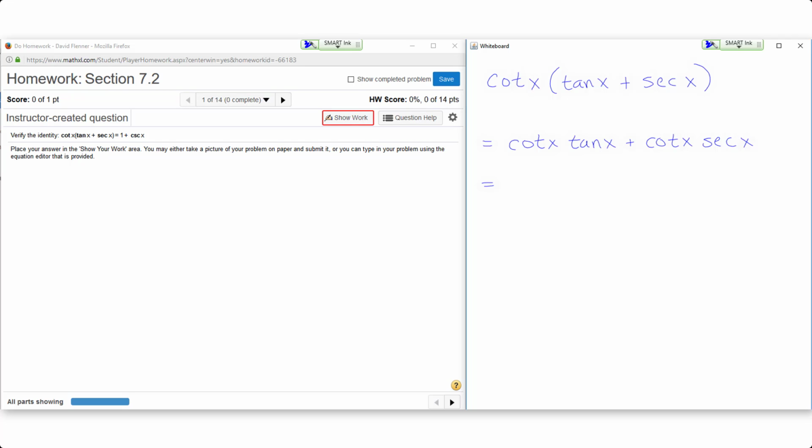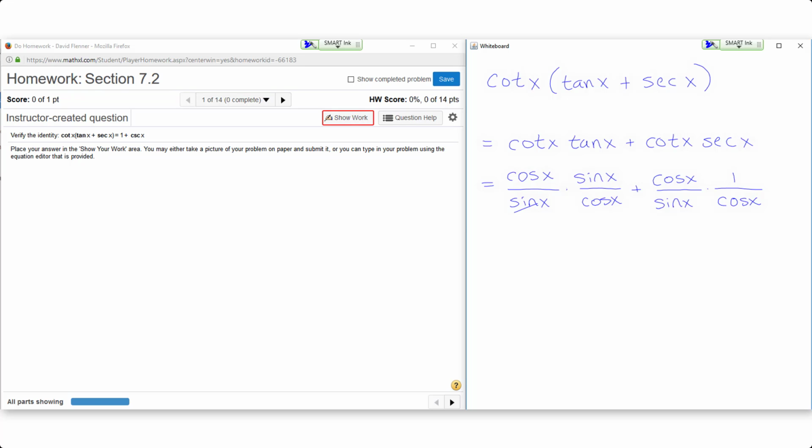Cotangent times tangent, if I rewrite those in terms of sine and cosine, I would have cosine x over sine x times sine x over cosine x. What's nice is that's all going to cancel out to just 1 basically. Over here I've got cotangent, which is again cosine x over sine x, times secant x, which is 1 over cosine x.